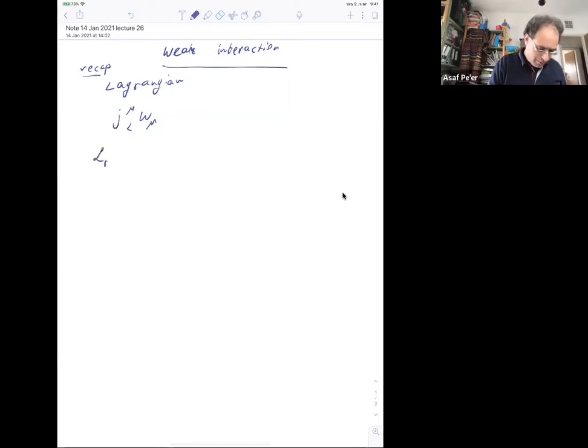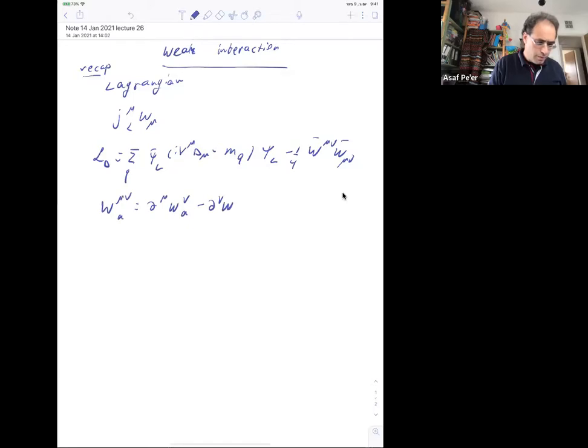So we have L, the sum over Q of ψ̄_L iγ^μ D_μ minus m_Q for the particle ψ_L, minus 1/4 W_μν W^μν, where W_μν = ∂_μ W_ν^a minus ∂_ν W_μ^a minus g_weak W_μ cross W_ν. And D is the covariant derivative, D_μ = ∂_μ minus i g_weak τ·W_μ.